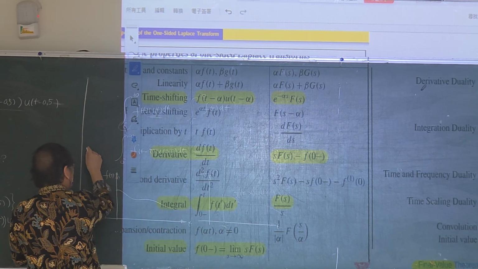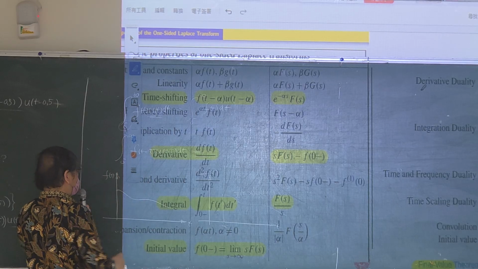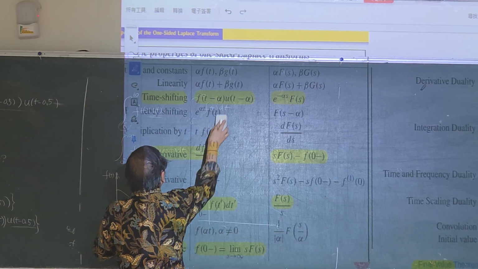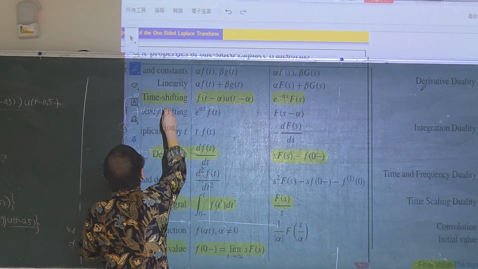Then when I take the Laplace transform, that will multiply by e to the negative alpha s.